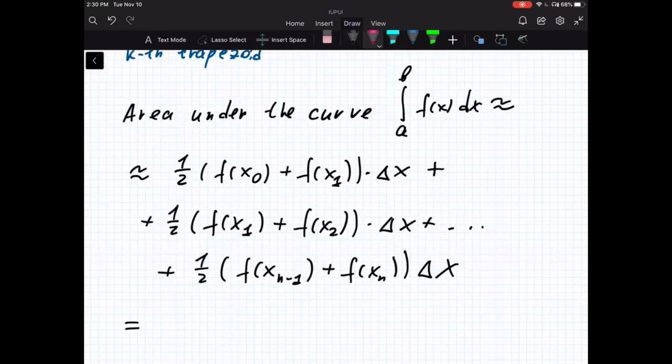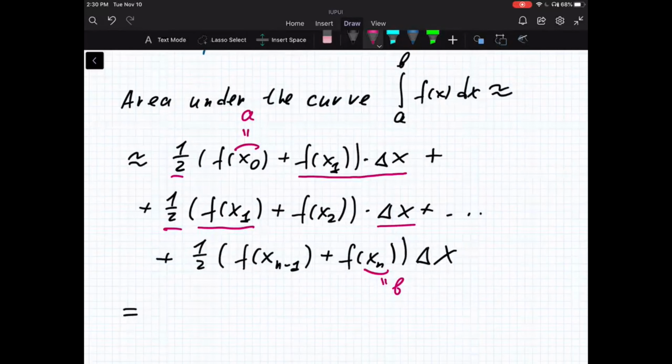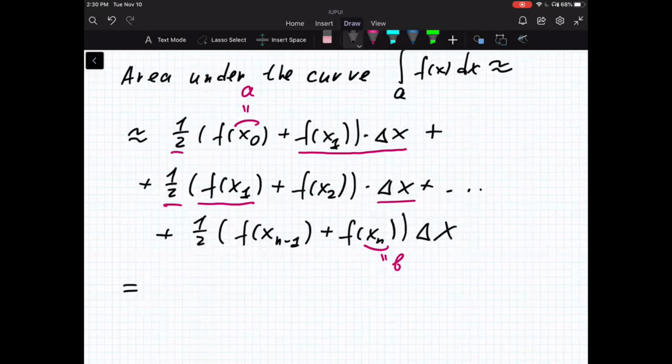So for example, I have f of x1 delta x, and I have the same in the second term, with coefficient 1/2. And x0 is my a, while xn is my b. So we see that every point appears twice except x0, which is a, and xn. First of all, I observe that delta x is a common factor, so I can write it in front, and then I have 1/2 f of a.